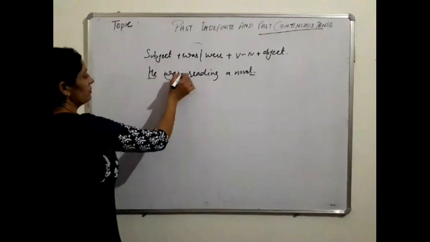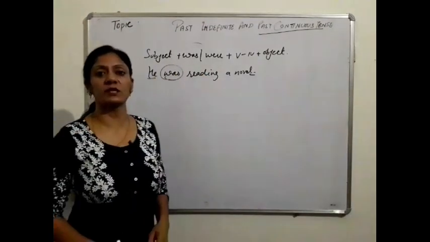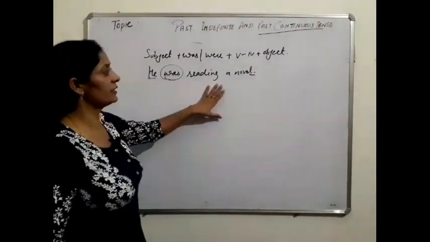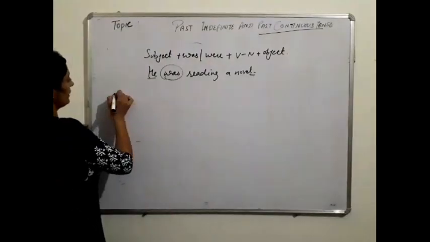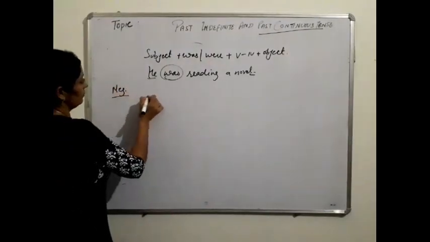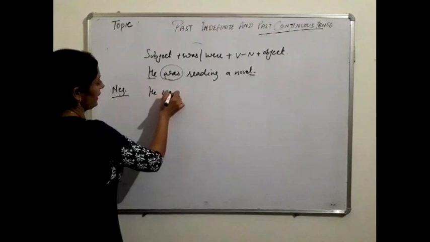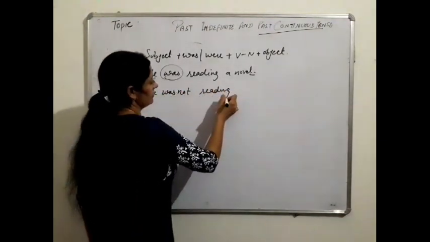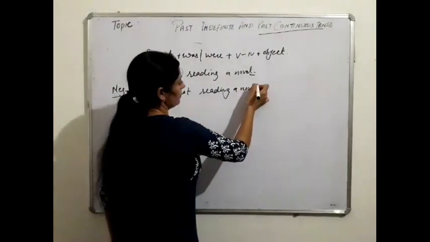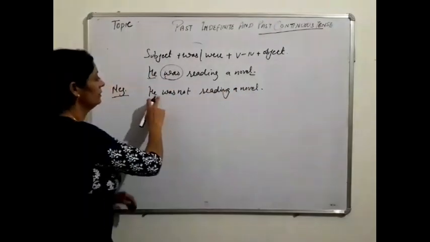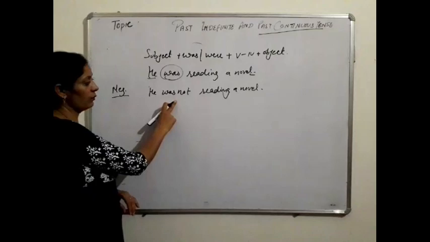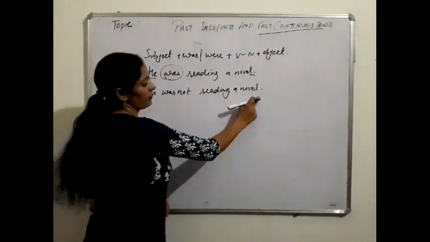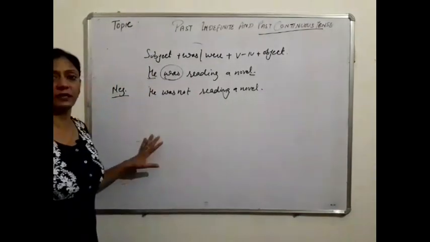With singular subject we use was and with plural subject were is used. In negative sentences we use not after the helping verb. He was not reading a novel. He, subject, then was or were, not, fourth verb and object.